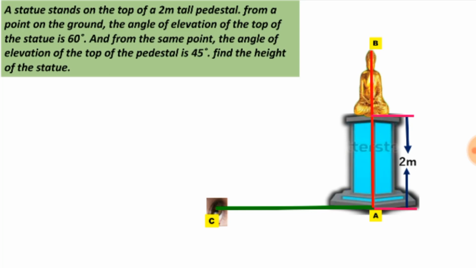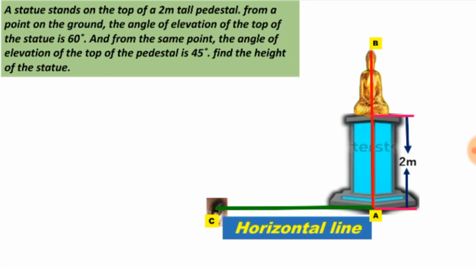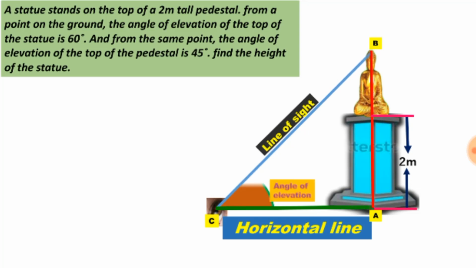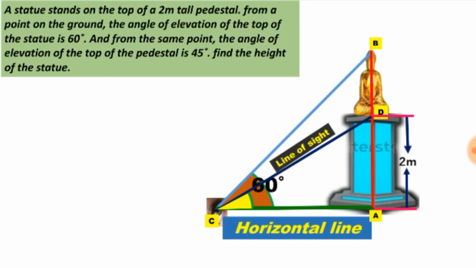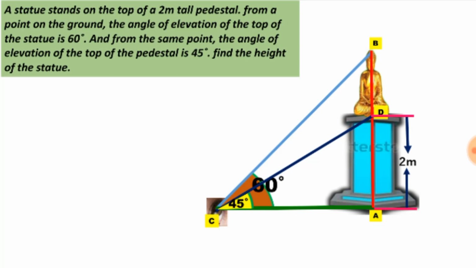Let us consider a point on the ground, that is C. From that point C, the observer observes the top of the statue, that is B, with an angle of elevation of 60 degrees. And next, from the same point C, the observer observes the top of the pedestal, that is point D, with an angle of elevation of 45 degrees.